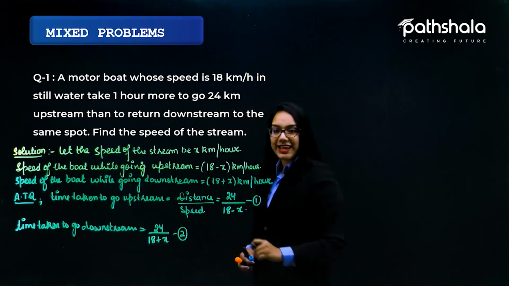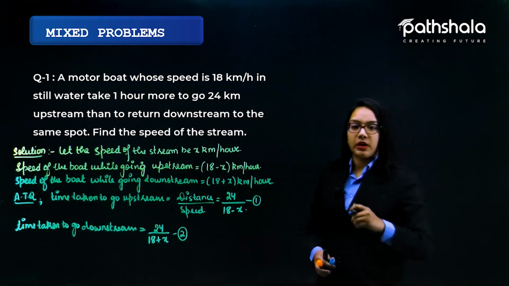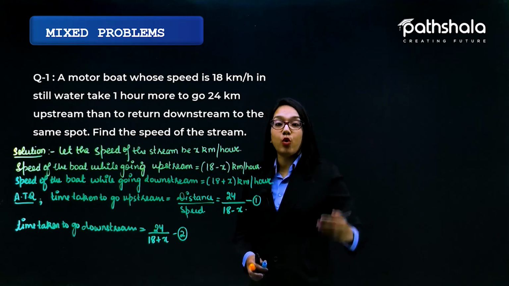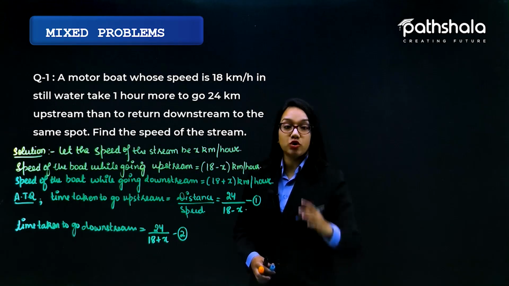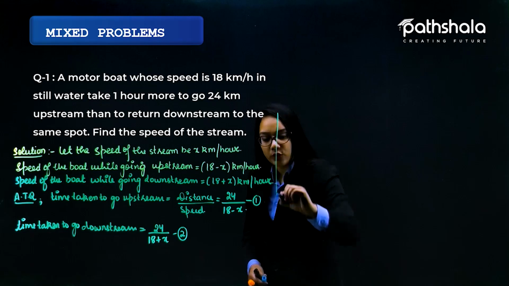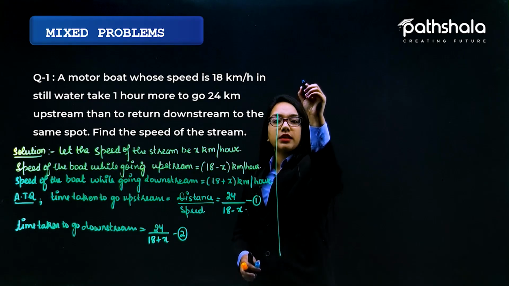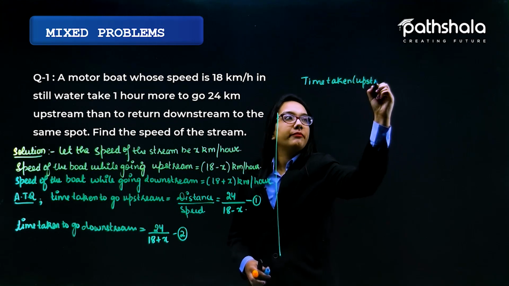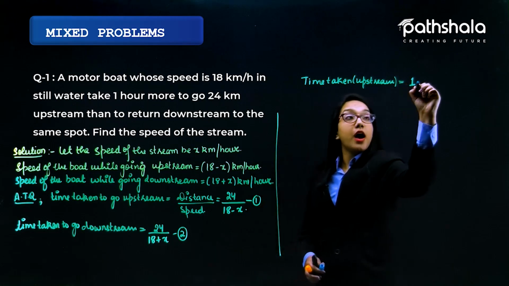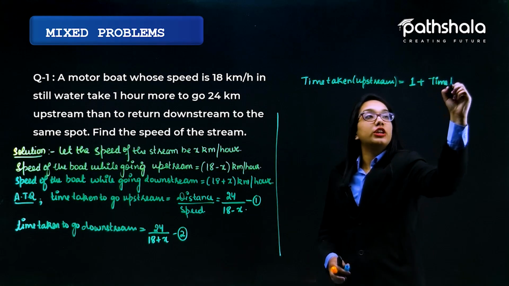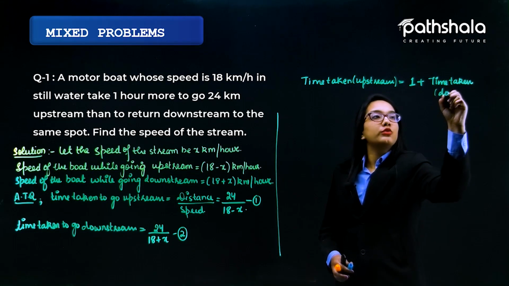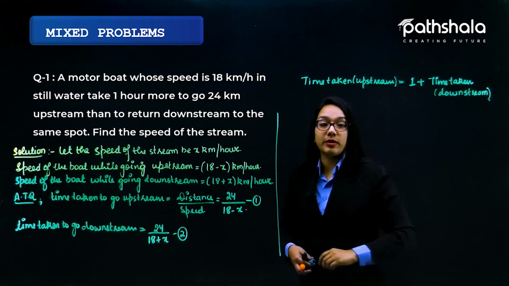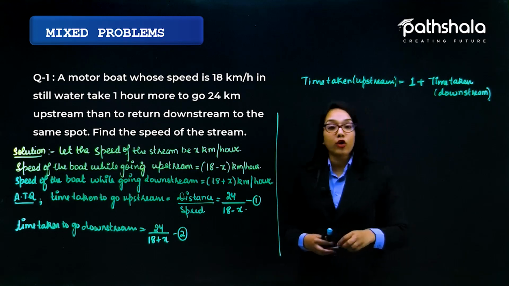According to the question, a motor boat whose speed is 18 km per hour in still water takes 1 hour more to go 24 km upstream. It means that the time taken for upstream is 1 hour more than the time taken for the downstream.